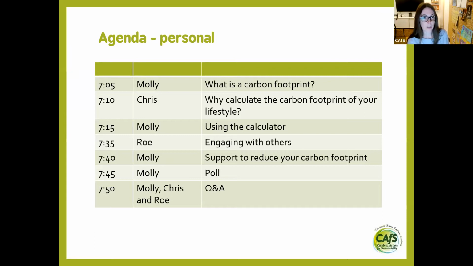I'm then handing over to Ro, and she's going to be talking about how you can engage with other people in your community and help to encourage and support them to use the calculator. And then it's going to finish off with me just explaining some extra support we have at CAFS to actually do something about it, because that's the main point really. It's all well and good understanding your footprint, but you really need to take action as a result. We'll then have a quick poll and then some Q&A at the end.